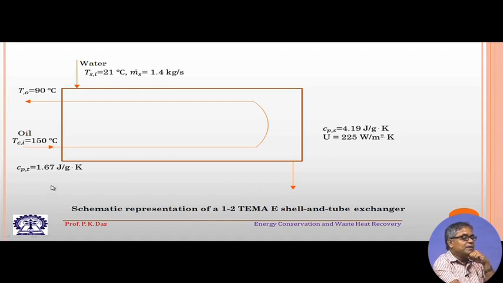Then Cp of tube side fluid, that is 1.67 joule per gram Kelvin, and Cp shell side fluid, that is 4.19 joule per gram Kelvin, and U, the overall heat transfer coefficient, is 225 watt per meter square Kelvin.